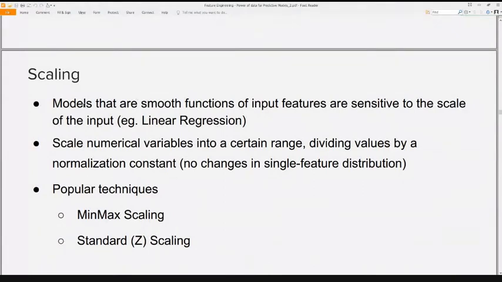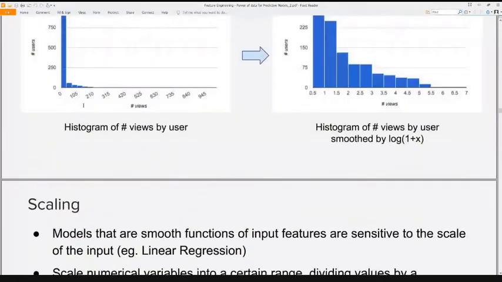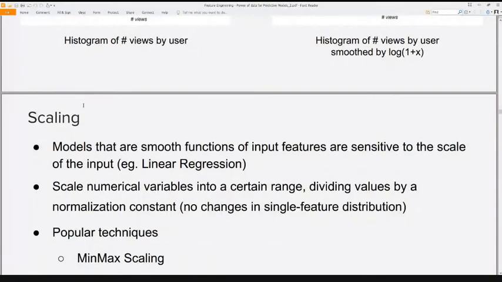So models that are smooth functions of input features are sensitive to the scale of the input, for instance linear regression. This is normally used when you are developing linear regression models.